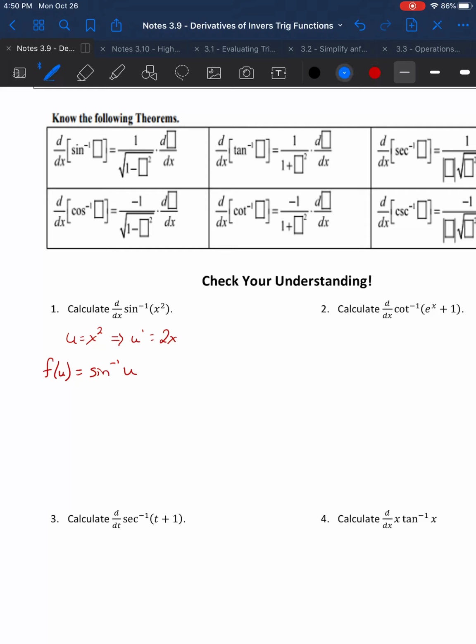And now I'm going to use my formula for the derivative of the inverse of sine, which says 1 over the square root of 1 minus u squared. I multiply my u prime and my f prime of u together.